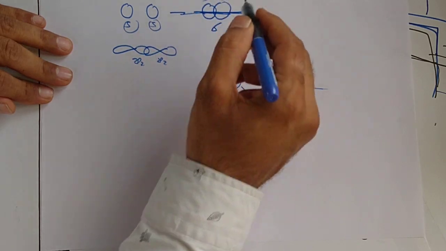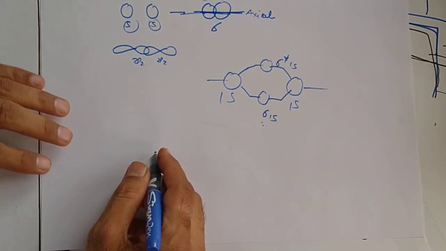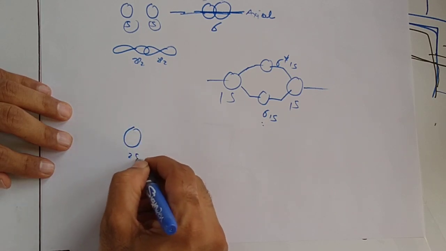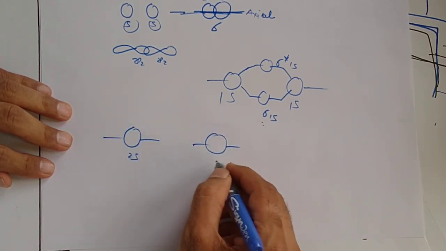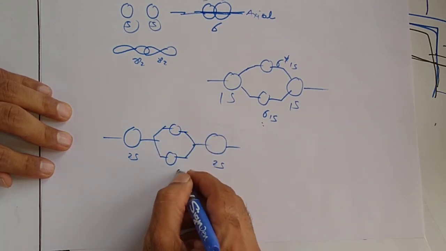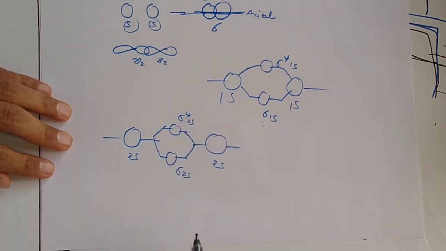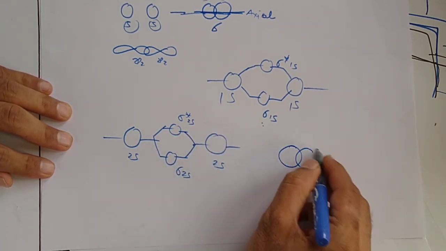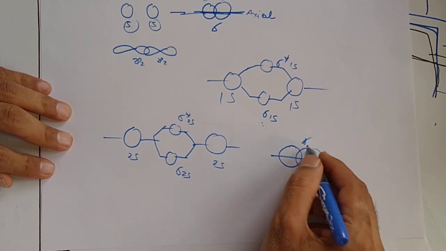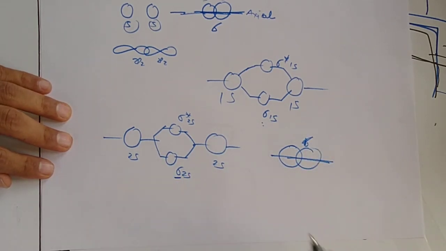Both s orbitals combine on the axis, like this. 2s and 2s combine with each other, which also forms sigma 2s, sigma star 2s. s and s also combine on the axial position, so it should be sigma.